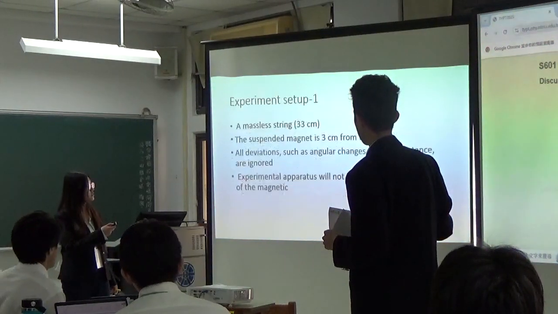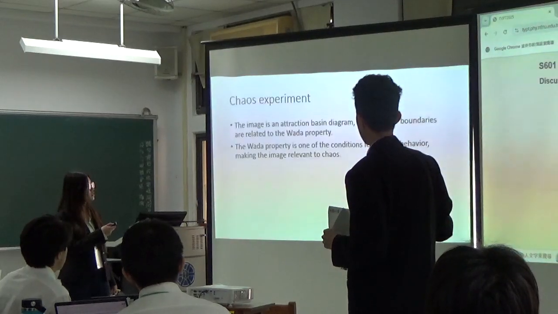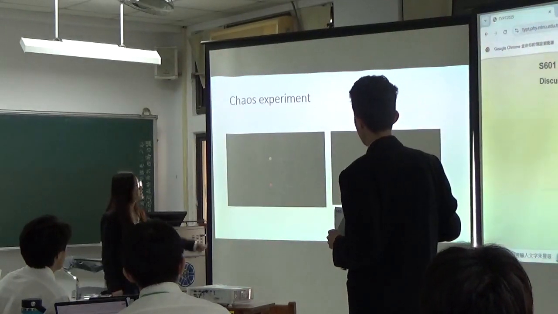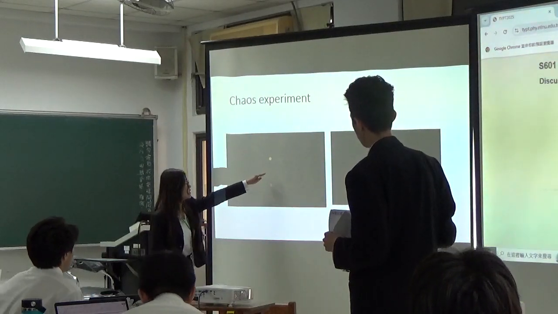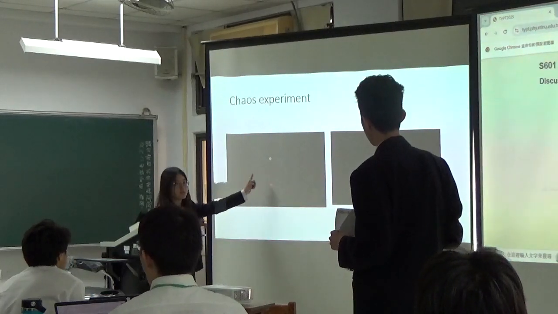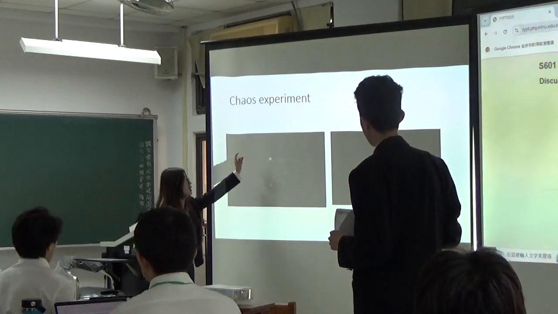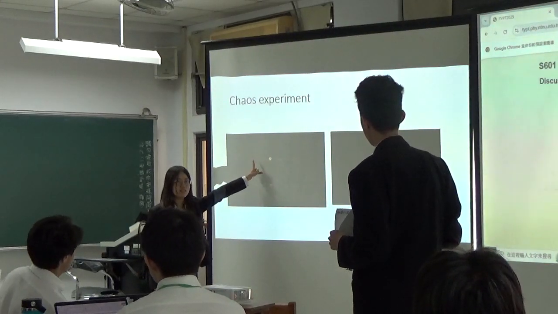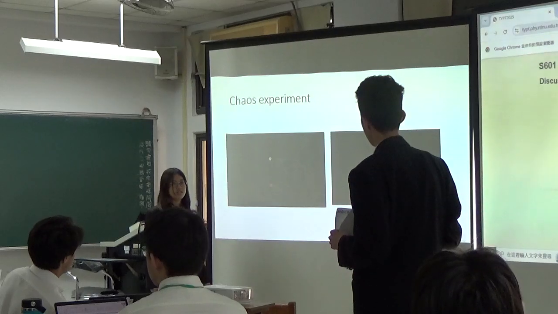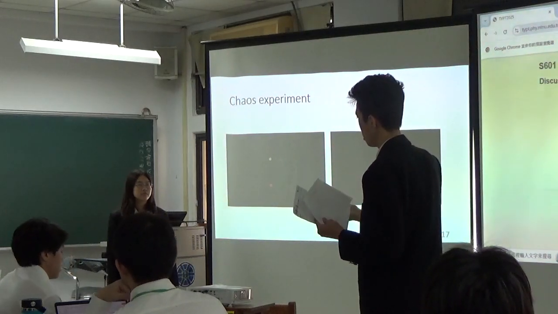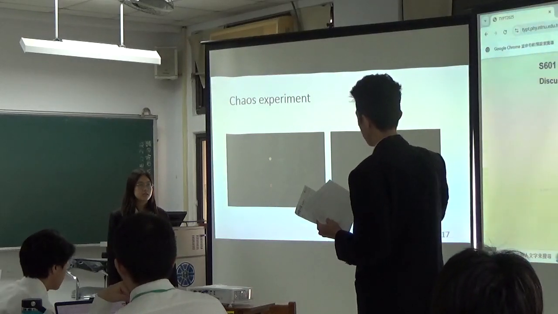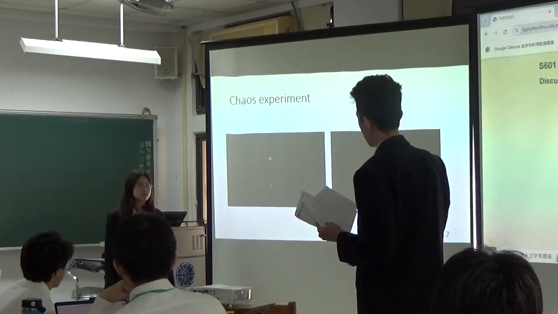I can use this one. The center is over there, right? Yes, and the amplitude is like this. The amplitude is the length of this one. So you mean the distance between the origin of the base and the pendulum, right?